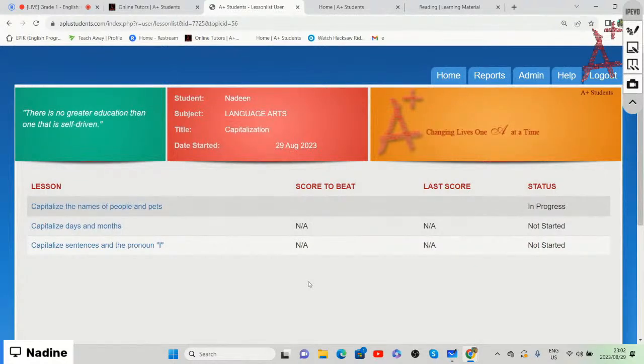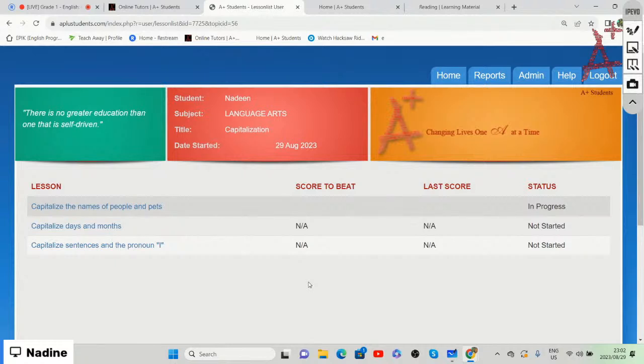So capitalization is where we need to capitalize certain words, names, and so on. But we are going to find out more about capitalization and what the rules are during the course of the lesson. All right.